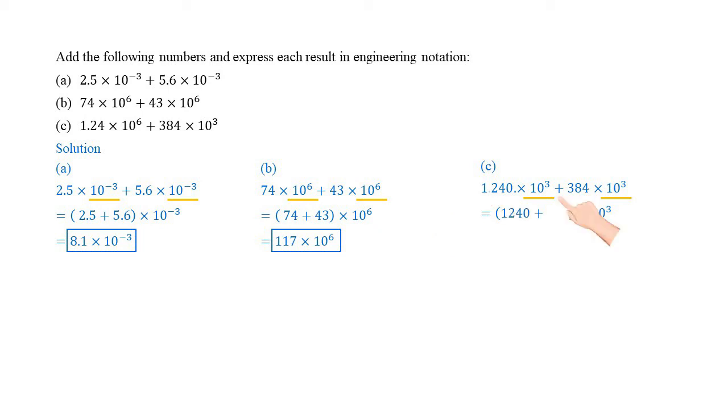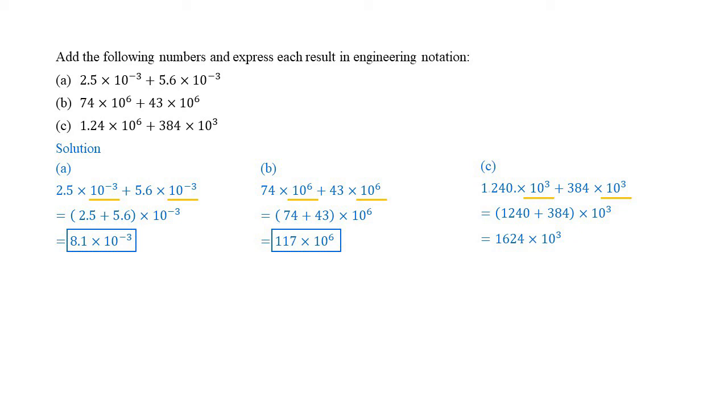The operation is addition, put a plus sign here, and then add the second number, 384. 1240 plus 384 is 1624. And then just copy the remaining base of 10 term, 10 to the power 3.